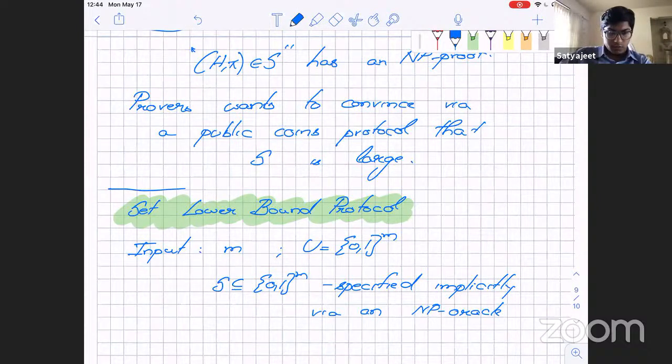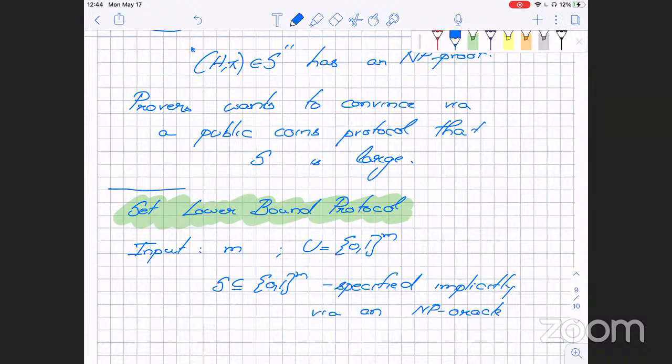Yeah. And I'm giving you S, but I'm specifying S in a very implicit fashion via an NP oracle. That is, the way S is specified is, you can always check whether something is in S by giving you a proof. If something is not in S, I cannot give you a proof that it is not in S. This is how S is specified.